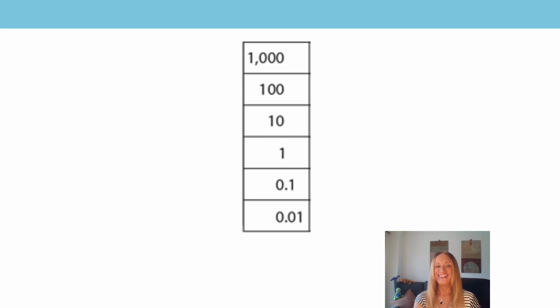How did you get on? I bet you found it really easy reading those numbers, didn't you? And I hope you could explain why they had the value that they do. And let's have a think about how to compare them too. So tell me how to read this first number. We read it as 100. Fantastic. How do you know that that is 100? What do you look at to help you make that decision?